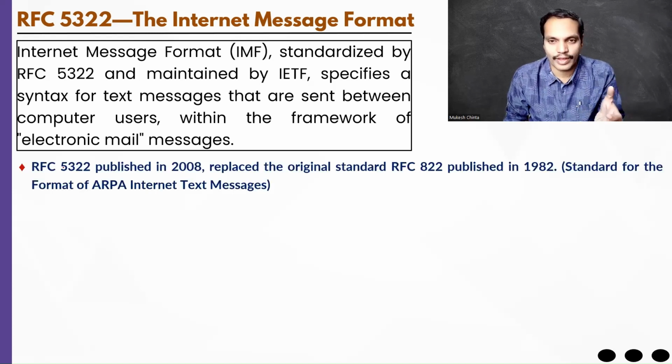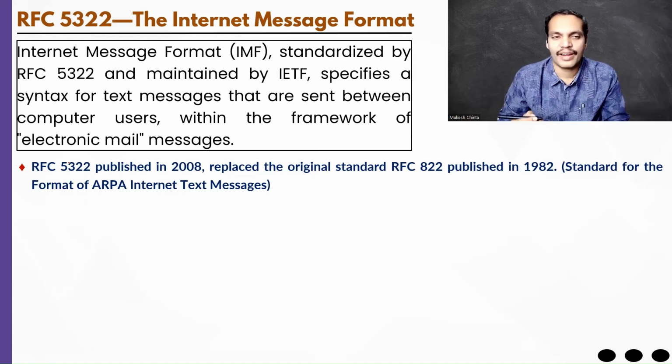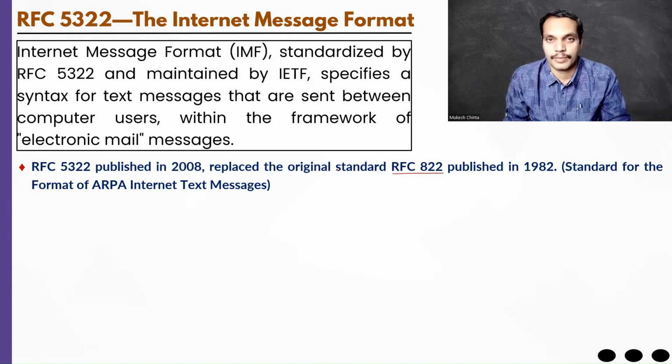Just before we go there, let us discuss a brief history of where RFC 5322 evolved from. RFC 5322, published in 2008, replaced the original standard RFC 822, which was published in 1982. And RFC 822 is the standard for the format of ARPA text messages.